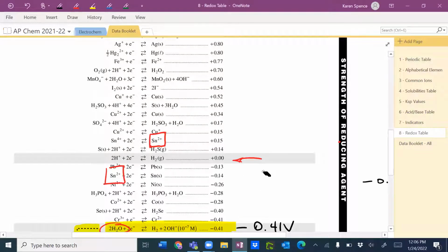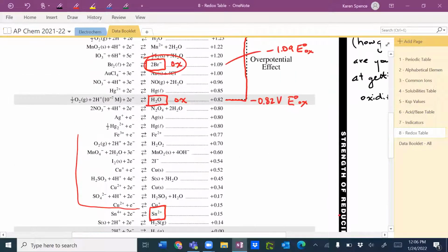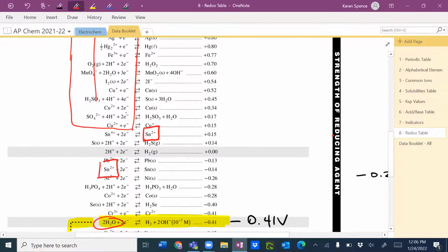So we can choose anything as long as it gives us a spontaneous reaction. So we can choose anything from here all the way up, because that will react spontaneously with tin when tin is being oxidized to tin 4 plus, or we can choose anything down below.